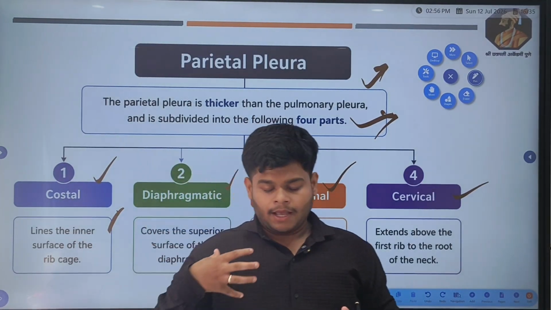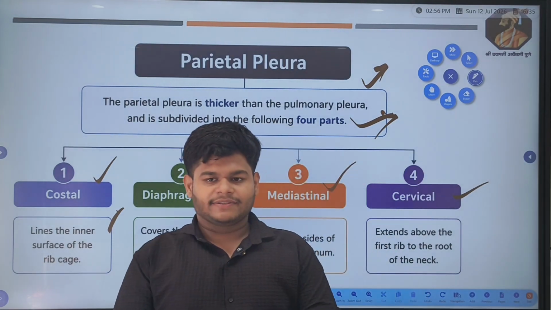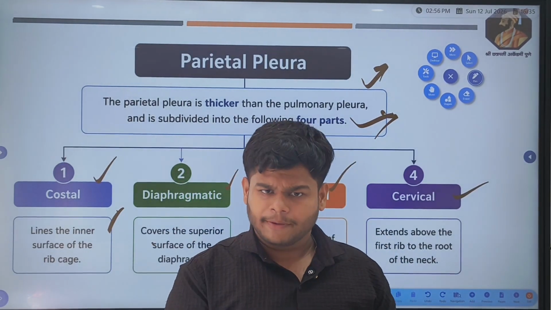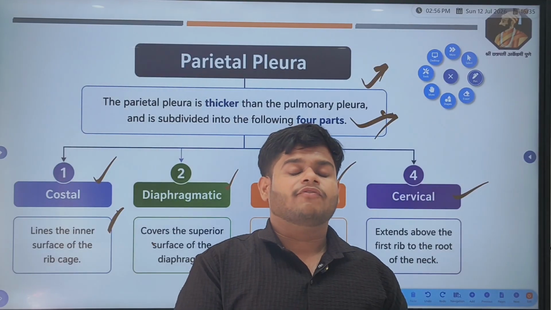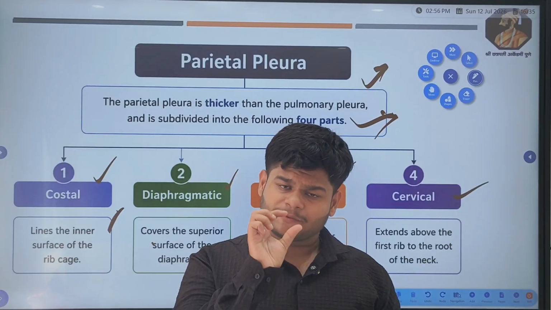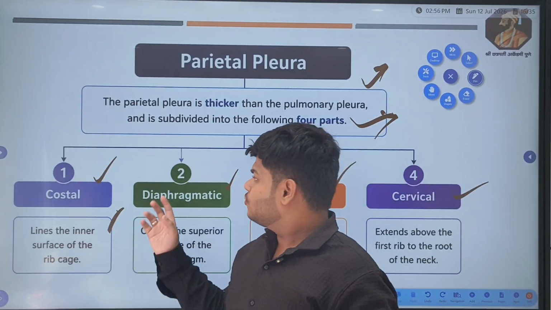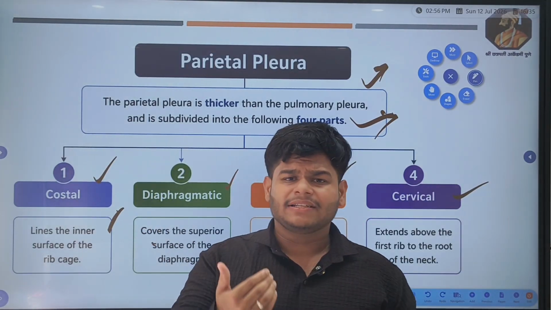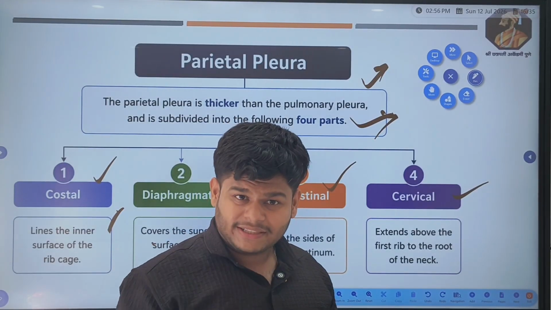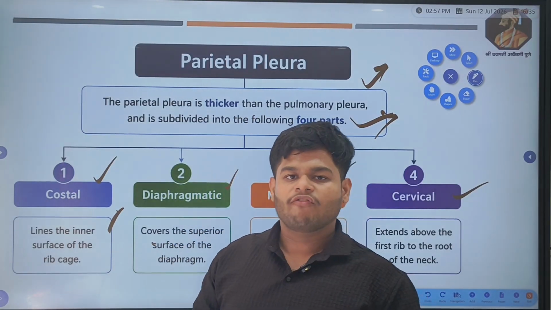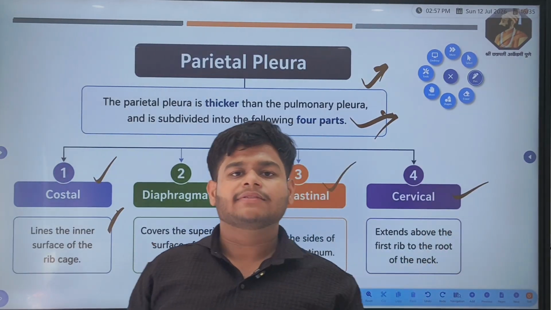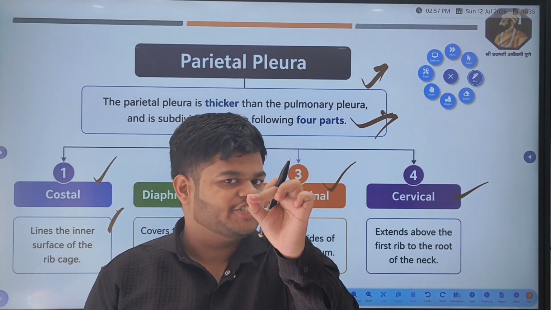Costal pleura: whenever you see the anterior side of the lung, there is the presence of ribs and the intercostal spaces between those ribs. So this parietal pleura is attached to the ribs or the thoracic wall with the help of areolar loose connective tissue called the endothoracic fascia.